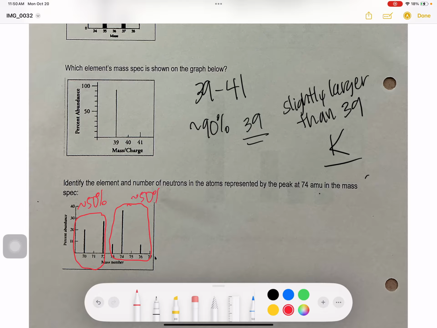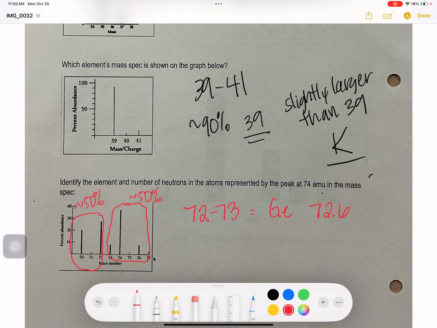This is something that you might not see other than the fact that I'm guiding you to look at it this way, which means that if that's the case, my mass must fall somewhere in the neighborhood of 72 to 73. And if we use our periodic table to determine who that is, the only one that makes sense is Ge, which has a mass of 72.61, and that falls perfectly in between those 2 numbers.